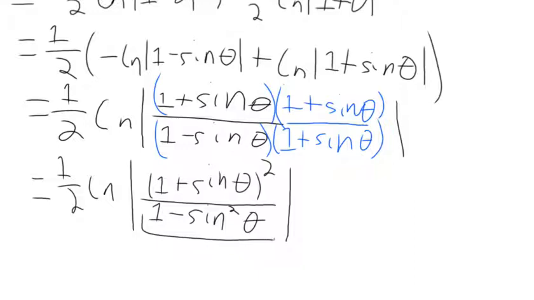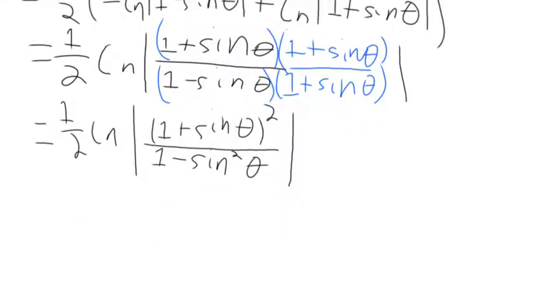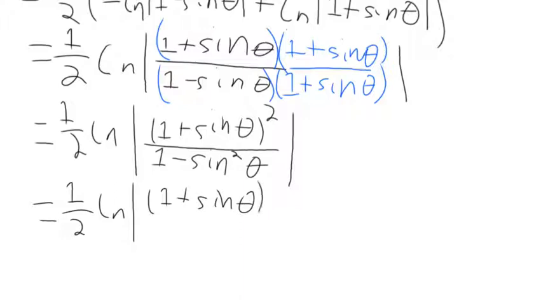And now you could go the other way with the identity. I know that 1 minus sine squared theta is the same as cosine squared theta. So this is 1/2 natural log absolute value 1 plus sine theta squared over cosine squared theta. And now I have, in this fraction, the numerator and the denominator are both squares.